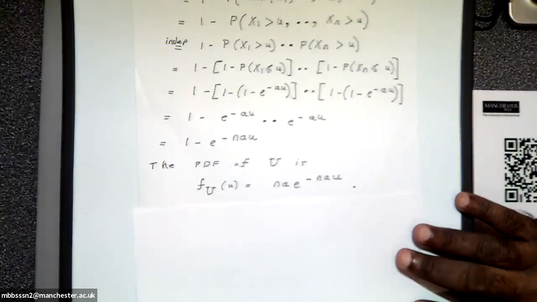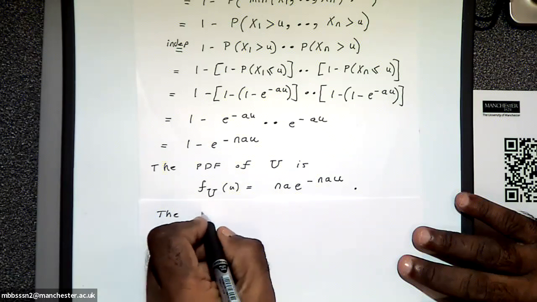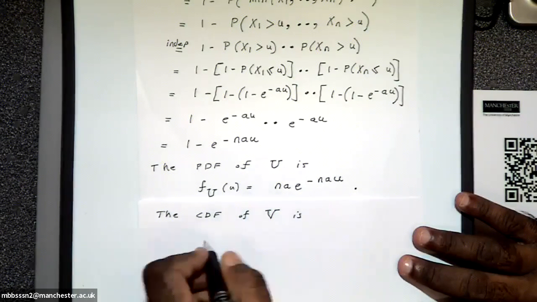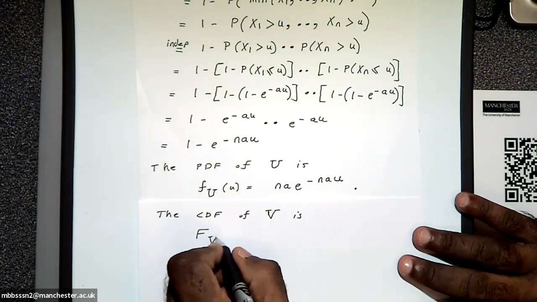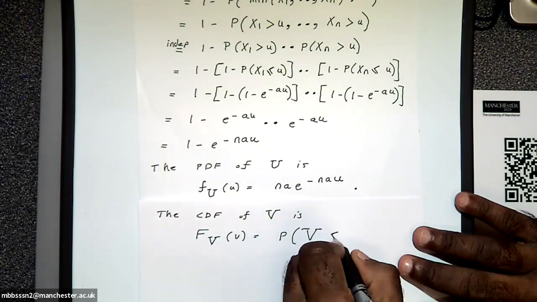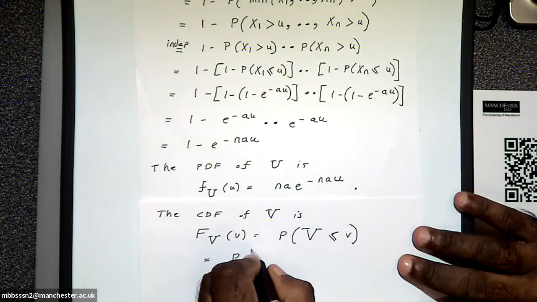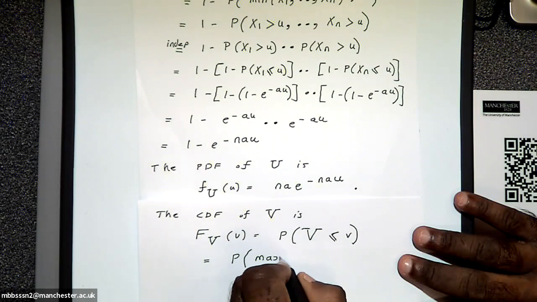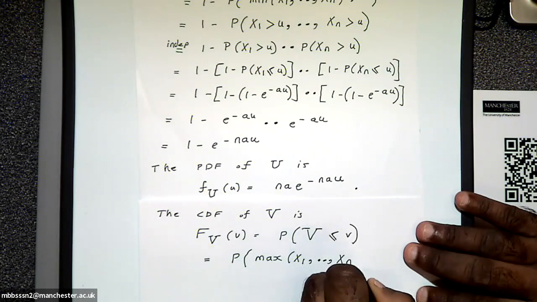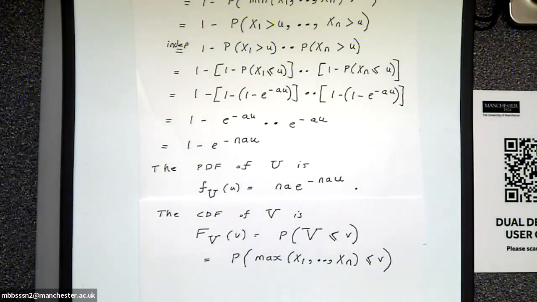So the CDF of V is the probability that the maximum of X1 to Xn is less than or equal to v. You with me, guys?